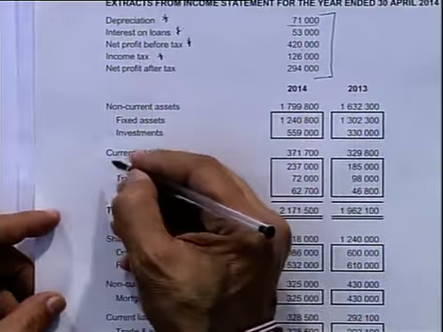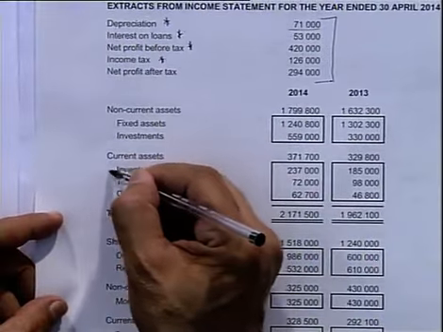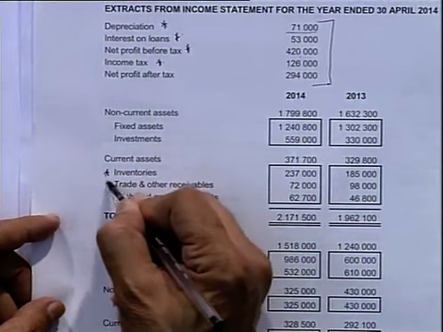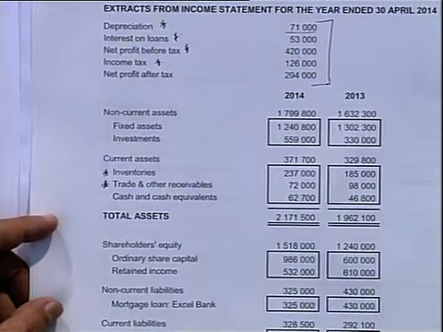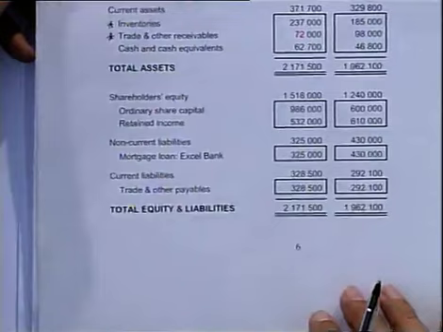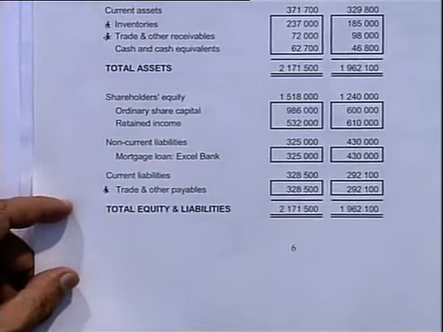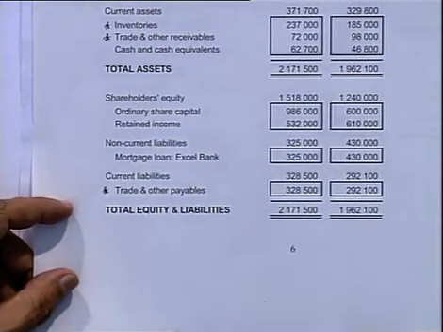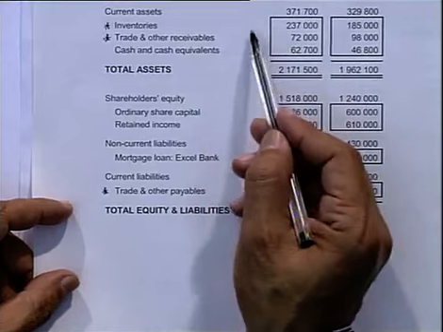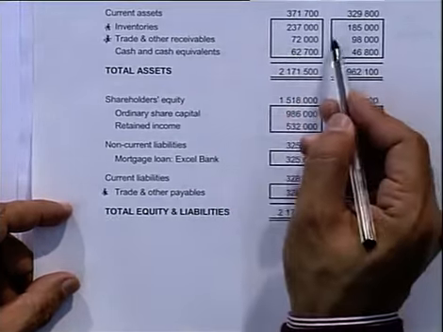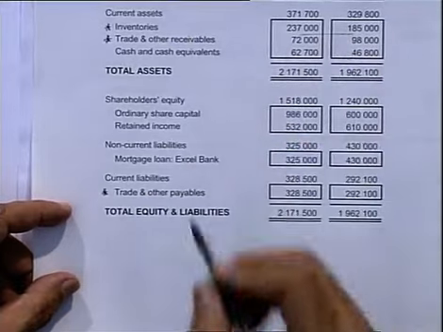Okay. We're looking for inventory, which appears under current assets. We're looking for trade and other receivables, which appears under current assets. And the last one we're looking for will be trade and other payables, which appears under current liabilities. Now, very important, learners, if there is no note to any of those items, then we only have to use the figures in the balance sheet.